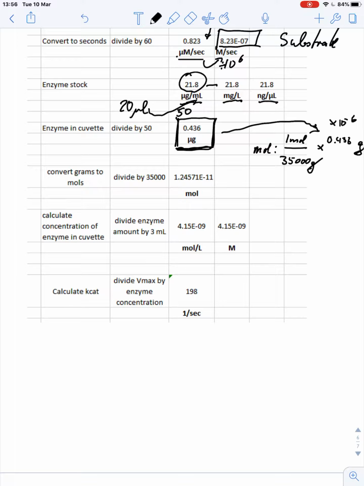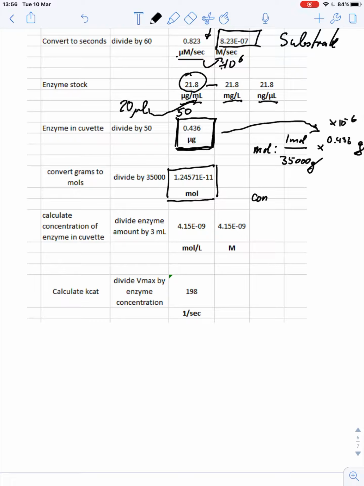We see the grams cancel out, and if we do this calculation we will get 1.2 something times 10 to the minus 11 mole that we actually had in our cuvette.